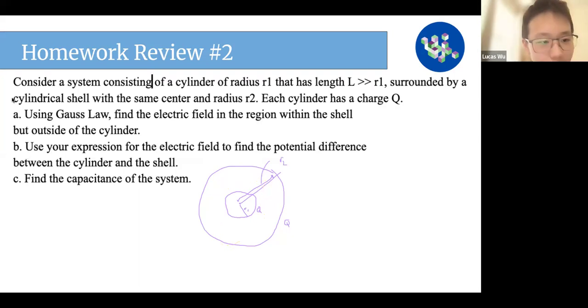Well, the problem wants us to use Gauss's law, and that's actually the best method we can use. For example, if I draw a Gaussian enclosure, which will be a cylinder, a third cylinder in between the smaller cylinder and the bigger cylinder.